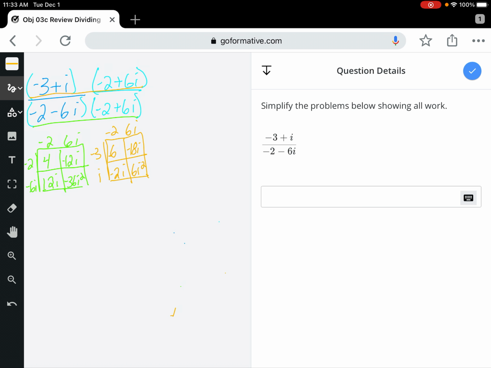Okay, so things to remember, I add my diagonals, those were equal to 0. So my denominator is of course going to be 4 minus 36i squared. I no longer have just plain old i's in here. These two here, well, that's negative 20i. So this is 6 minus 20i plus 6i squared.